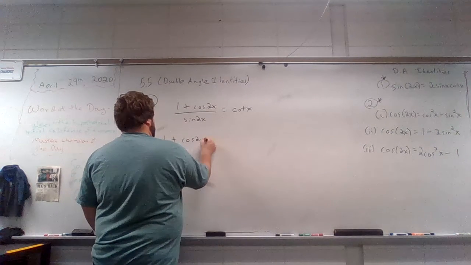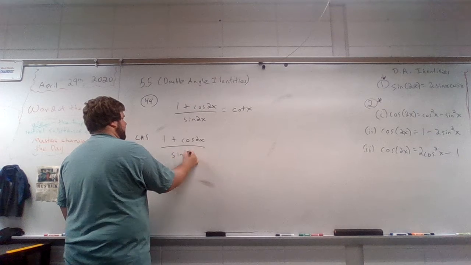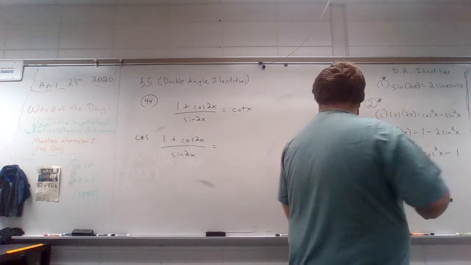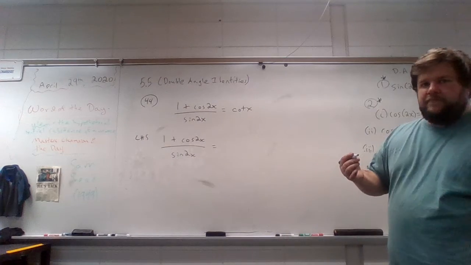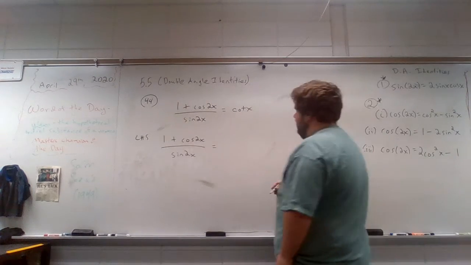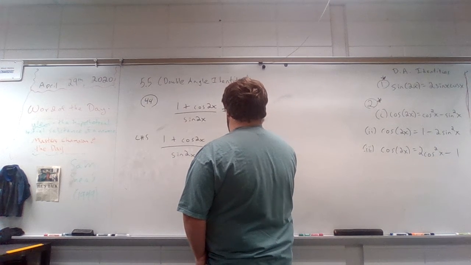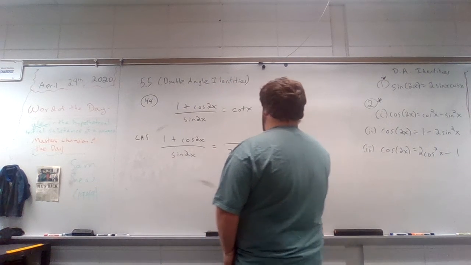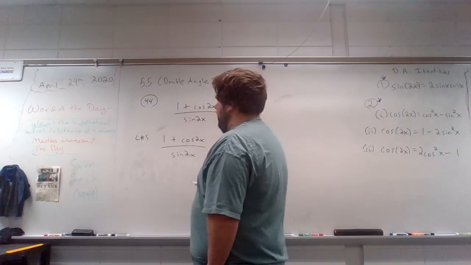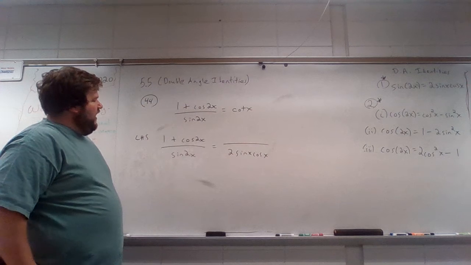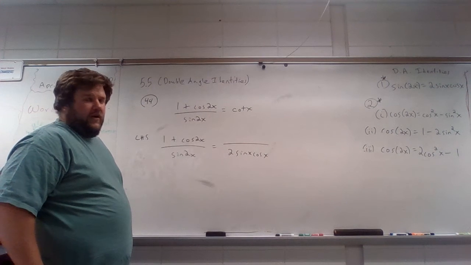1 plus cosine 2x over sine of 2x. And then we'll write this guy out. Okay. So sine 2x is 2 sine x cosine x. Now, you may want to think a little bit about what's going to happen here.